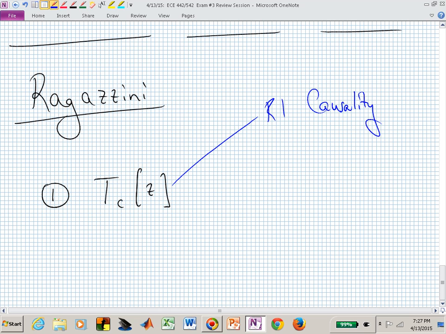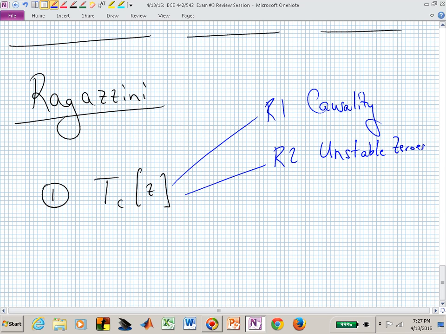If your original system has a pole zero excess of 2, you have to have at least a pole zero excess of 2 or more in T sub C of Z. That's the causality restriction. And it really doesn't matter what order these are, but I think just for talking about this, I've tried to be consistent.